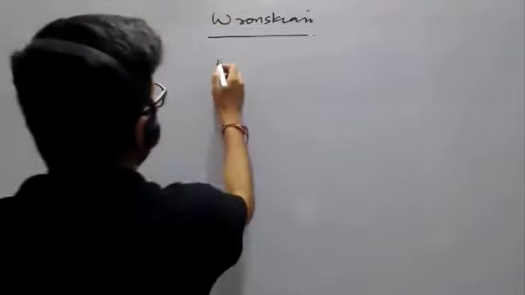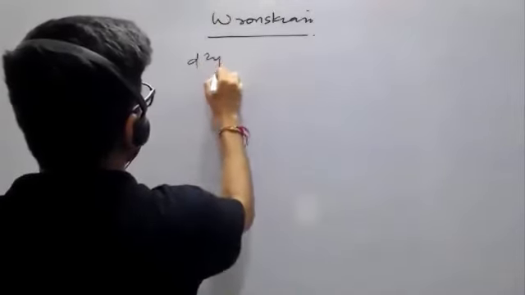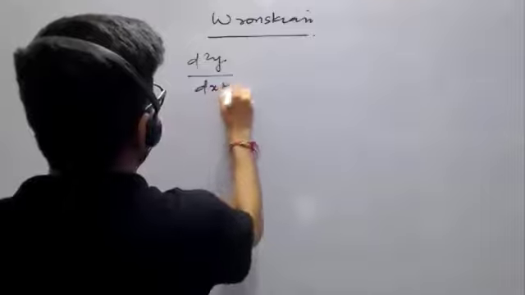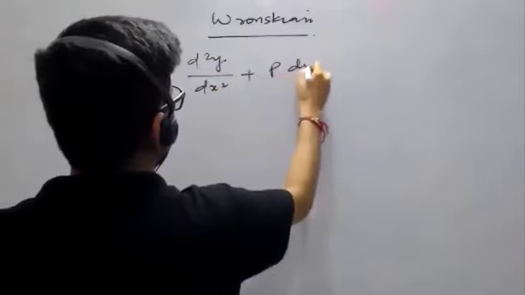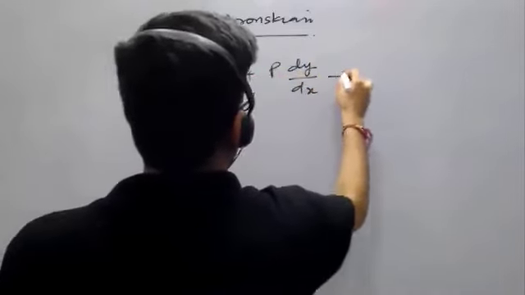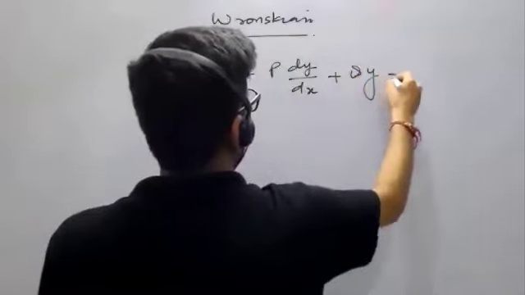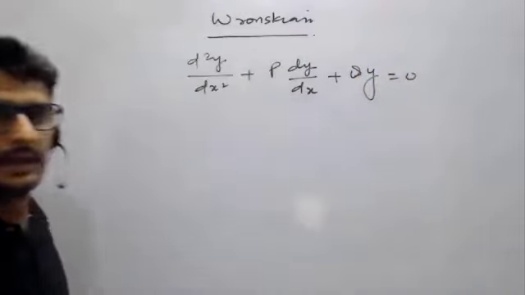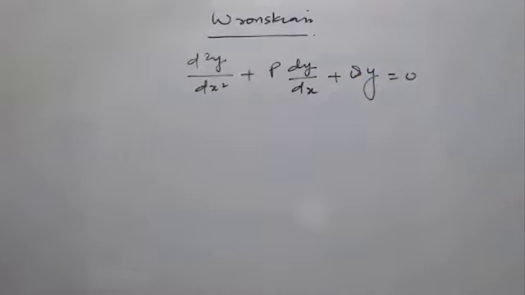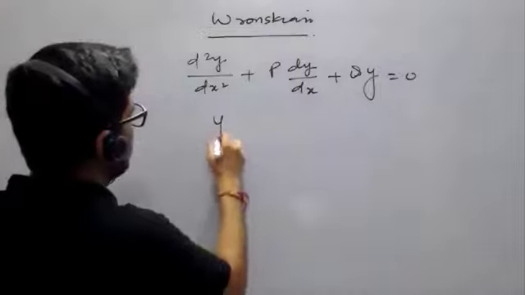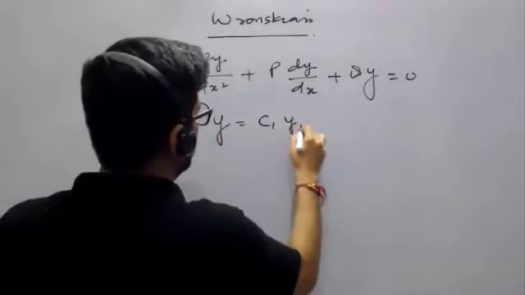Suppose you have a homogeneous differential equation like this: d2y by dx2 plus p dy by dx plus qy is equal to 0. Suppose this is the differential equation, and the solutions of this equation, you have seen, will be in the form of this.